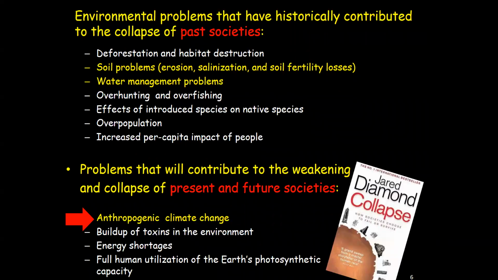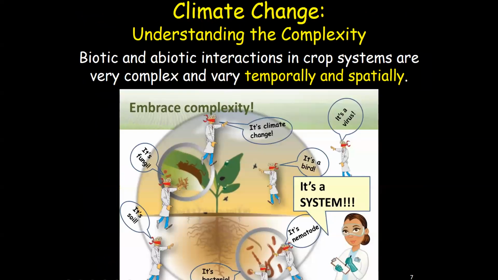Environmental problems that have contributed to the collapse of past societies have included things like deforestation, soil erosion, water management, overhunting, etc. Problems that will contribute to the weakening and collapse of present and future societies will be, most prominently, anthropogenic climate change. So, climate change, what does it mean?